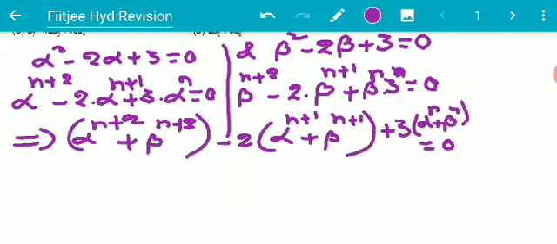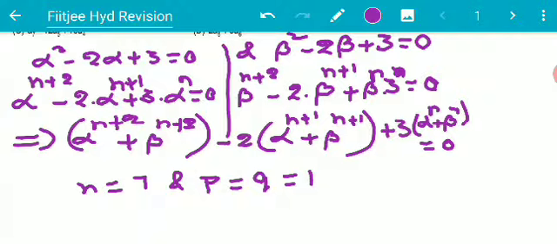Now, a n they have given as p into alpha power n plus q into beta power n. They are asking a9. So for getting that, what I am doing is substituting n equals to 7 and p equals to q equals to 1, so that I will get it in terms of a n.